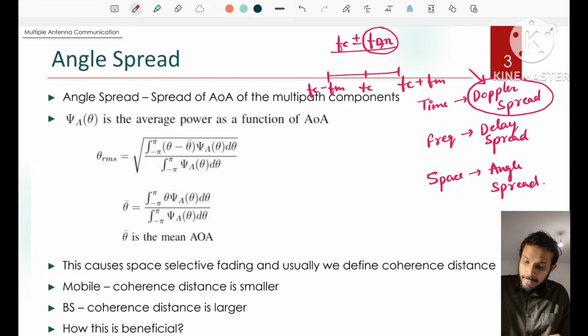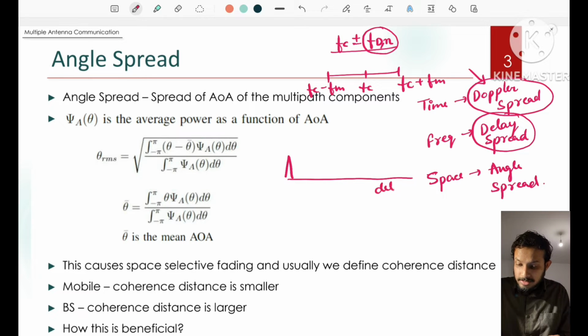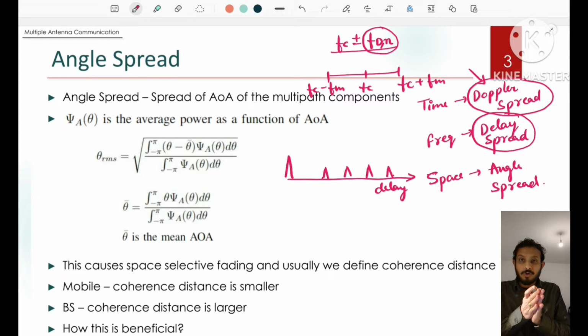we call it Doppler spread. Then the delay spread means when an impulse is launched, let's say this is the delay axis, what we receive is the echoes that are coming at different delays. So as a result, the impulse is now delayed in time.